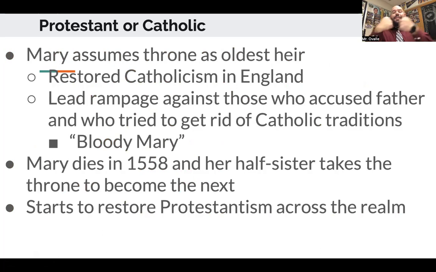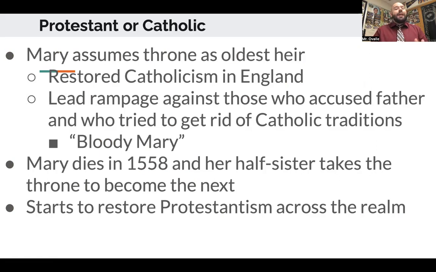So again, Protestants and Catholics don't mix, and Henry was kind of influenced a little bit to instill Protestantism in England, while Mary, being Catholic from Spain, her mom Catholic from Spain, she's going to put Catholicism back because, well, people hated on Henry a lot.